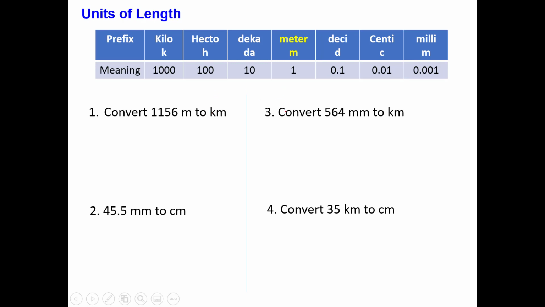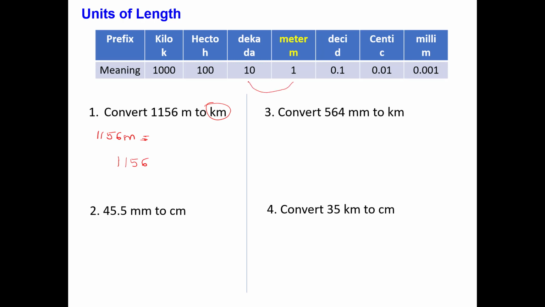Then here, let me write the number. We had 1,156 meters, and we want to convert into kilometers. And let me write the number to see how many places we need to move and in what direction. Then we had meters, kilometers.